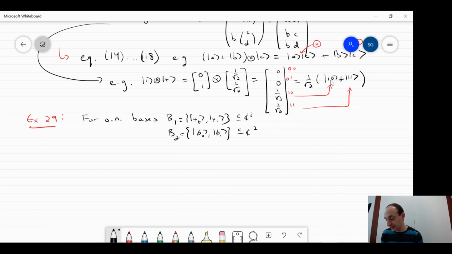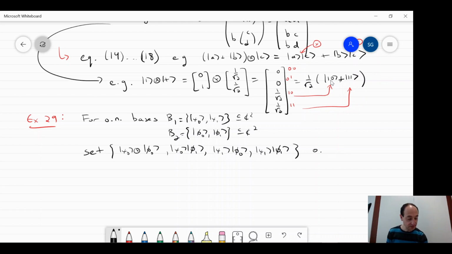Well, they could of course be in a higher dimensional space where I don't fill out the full space. The claim now is that if I take the pairwise tensor product of all these, like psi 0 tensor phi 0, psi 0 tensor phi 1, psi 1 tensor phi 0, psi 1 tensor phi 1, if I take all 4 of these, that's going to be an orthonormal basis for the bigger space in which the tensor product lives.